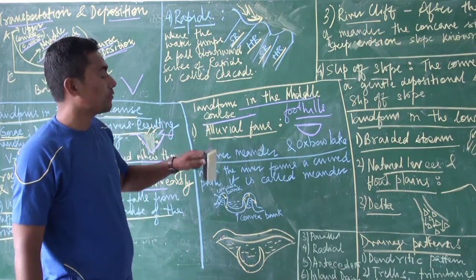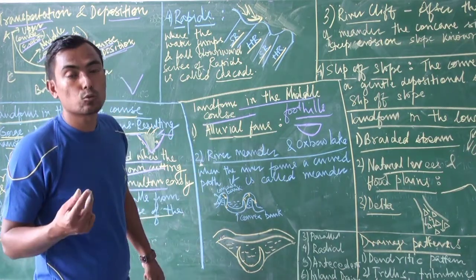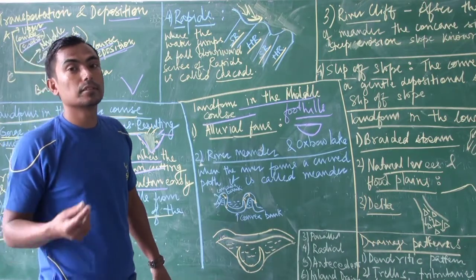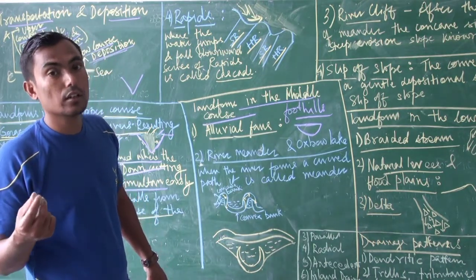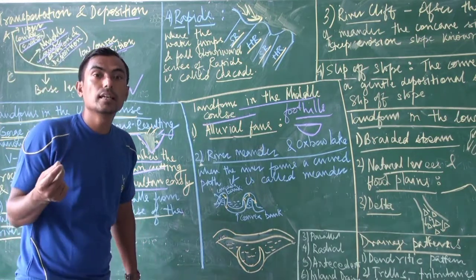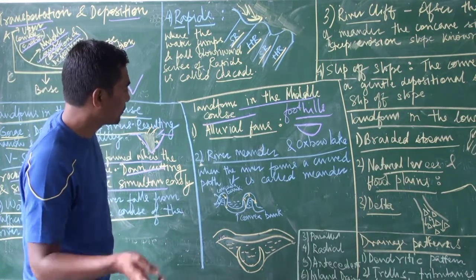In an alluvial fan, the sediments are sometimes coarse in nature and sometimes very fine in nature, depending upon the velocity and the load of the river.